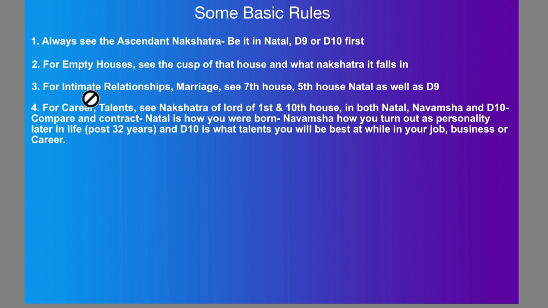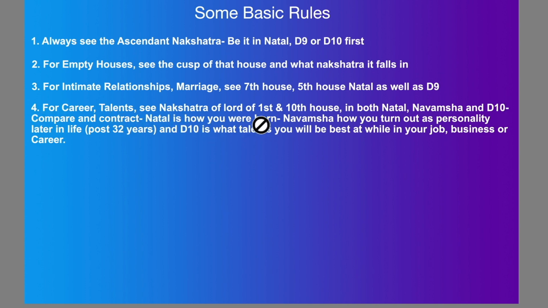Number 3, for intimate relationships, marriage, see the 7th house, 5th house, natal as well as D9 and the nakshatras thereof or the planets sitting thereof. Okay. For career talents, see the nakshatra of the Lord of the 1st and 10th house in natal, Navamsha and D10. Compare and contrast.